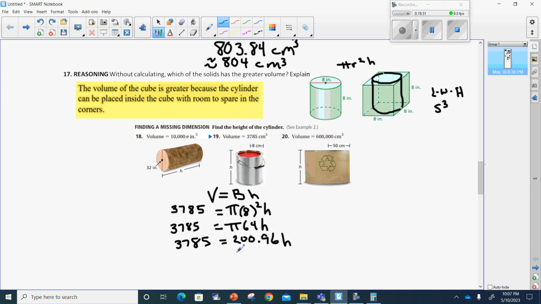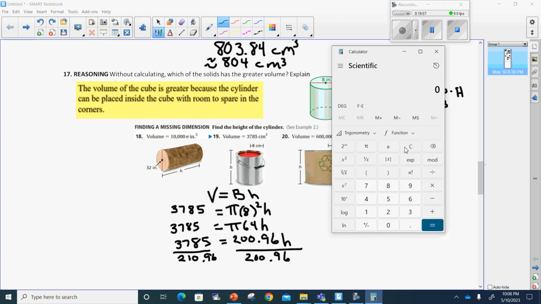Remember, to get h alone, we have to divide by 200.96. So that means we'll have to divide this by 200.96. Let's go ahead and put that in our calculator.